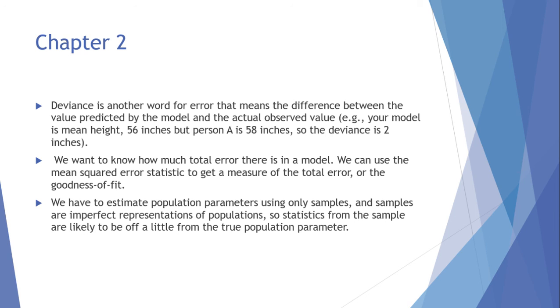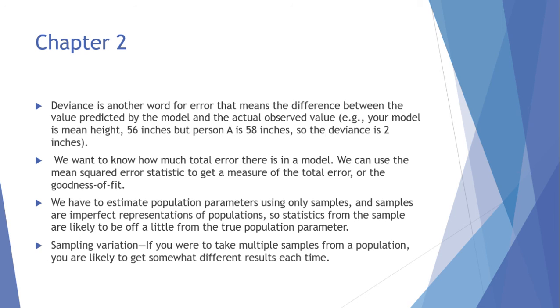There's this error element, this imprecision, this lack of accuracy, and that's why I call the statistics that come from your sample estimates. We want them to be as precise and accurate as possible, but we understand from the get-go that they're not going to be perfect.